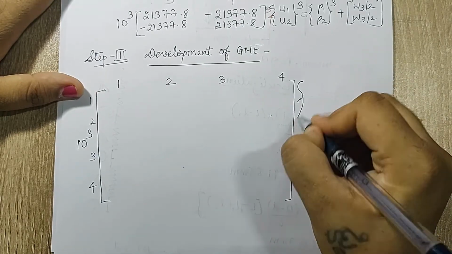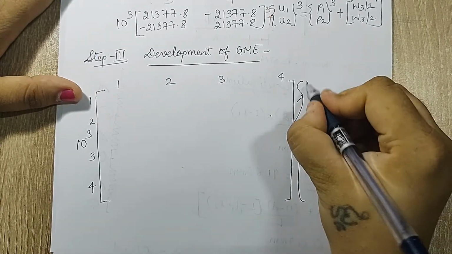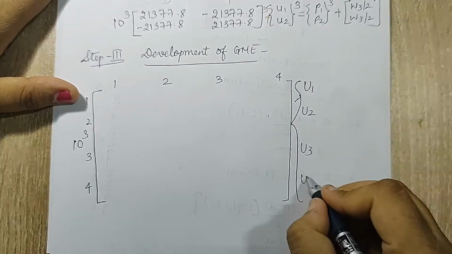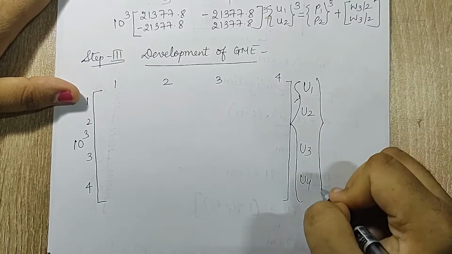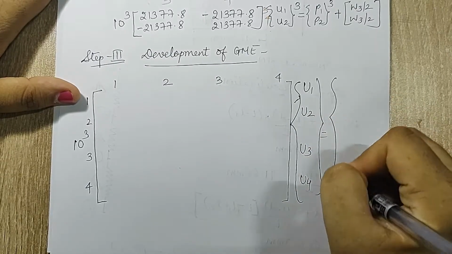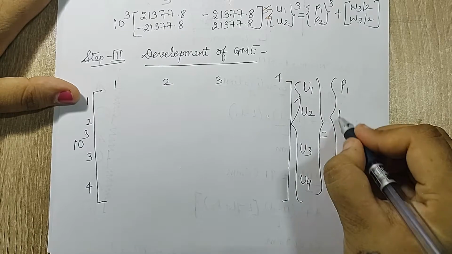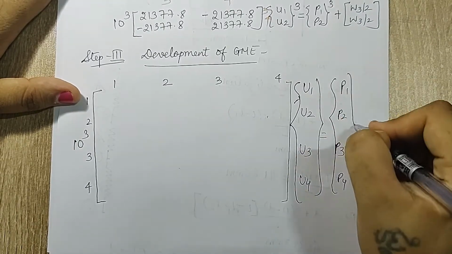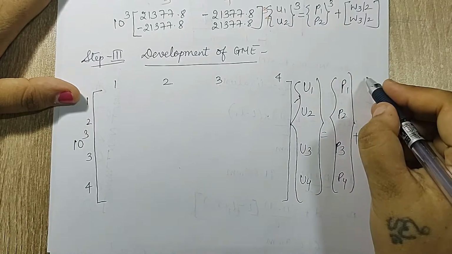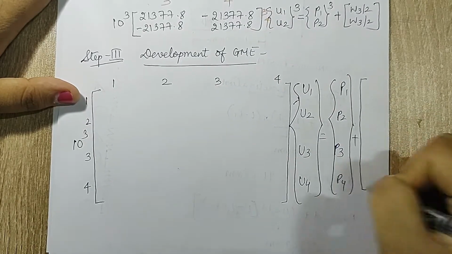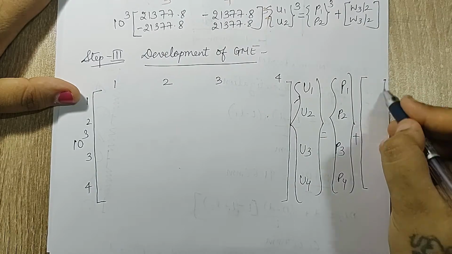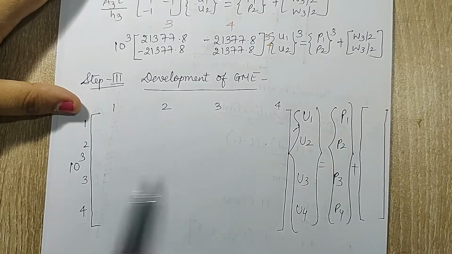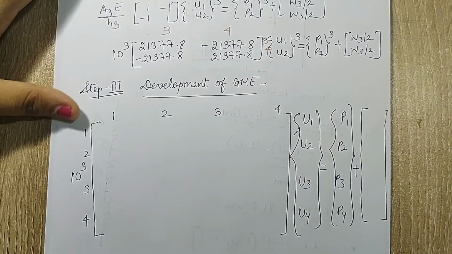Here I'll have U1, U2, U3, U4 is equal to P1, P2, P3, P4 plus. Now this bracket is square, so I'll leave it till this. Now here I'll fill up this first, then I'll get back to this matrix again.